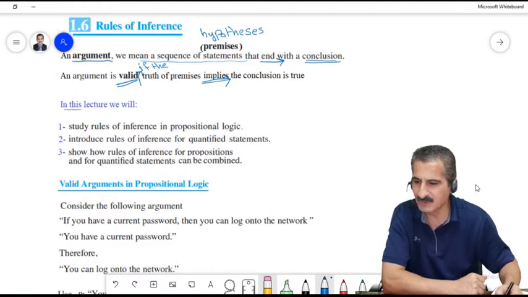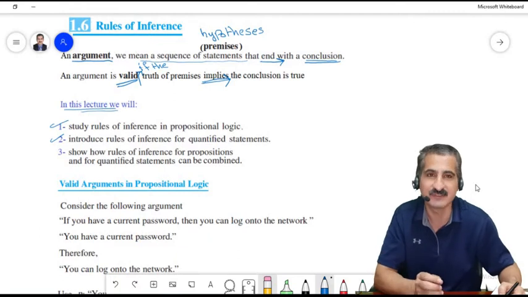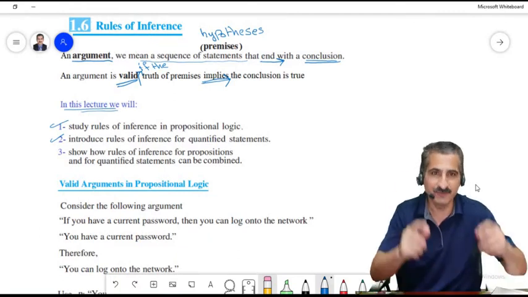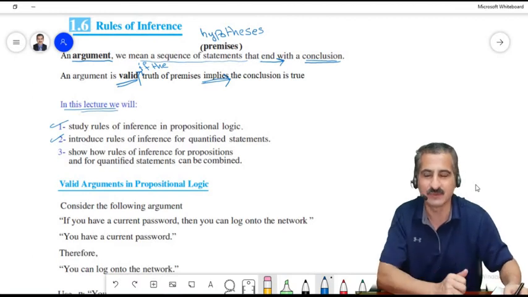So in this lecture, we will do the following. First, study rules of inference for propositional logic, and then we go on to introduce rules of inference that contain quantified statements, for every and there exists. Remember, these are called quantified statements.